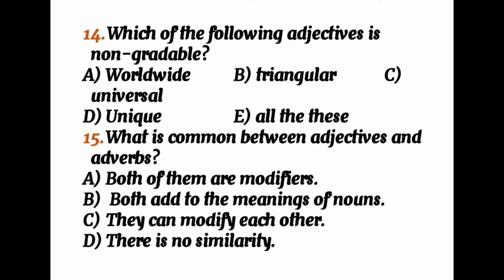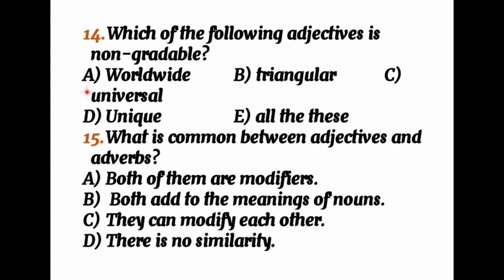Worldwide, more worldwide, most worldwide, again not possible, does not make any sense. Triangular, more triangular or most triangular, again not possible. A thing is either triangular or it is not triangular. If it has 4 angles and 4 sides, it means that it is either square or rectangle, but it is not triangular. So triangular, again, it is not comparable.